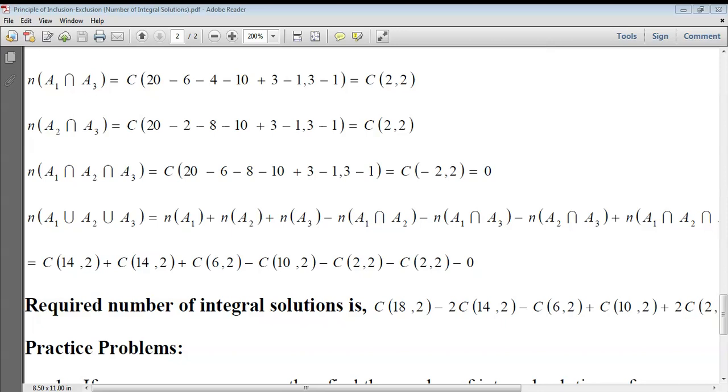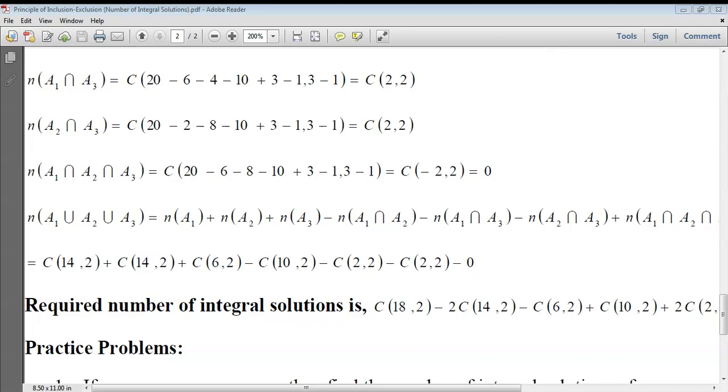Okay, now the final answer. The number of integer solutions between 2 and 5 for x1, between 4 and 7 for x2, and between -2 and 9 for x3 will be the number of solutions with the condition x1 starting from 2, x2 starting from 4, and x3 starting from -2, minus the number of solutions with the condition x1 more than 6, minus the number with x2 more than 8, minus the number with x3 more than 10.